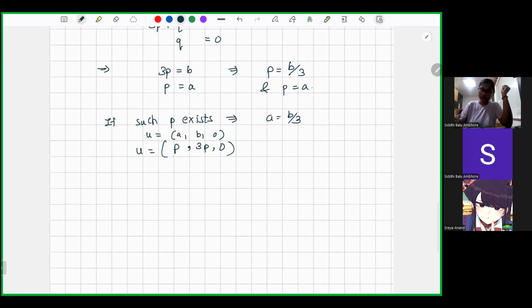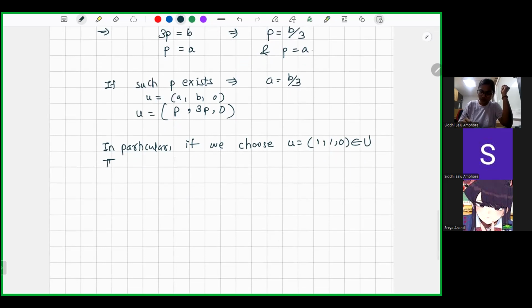But in particular, if we choose U equal to 110 in U, then this 110 is not a linear combination of this 130 and 110, sorry, 111.